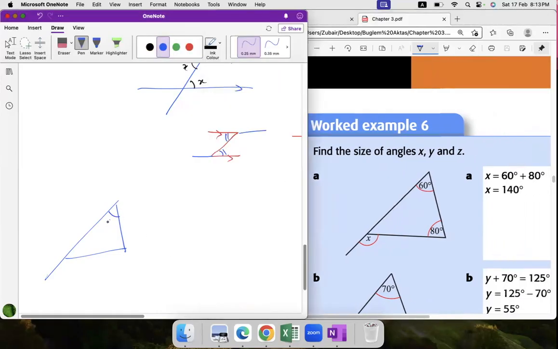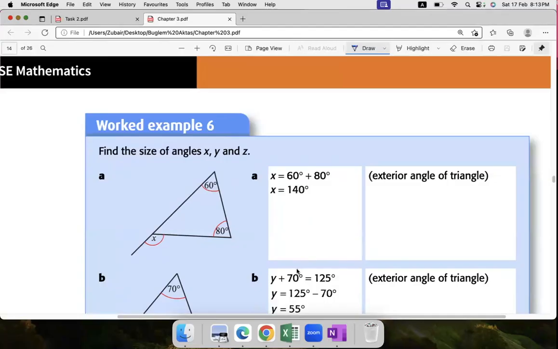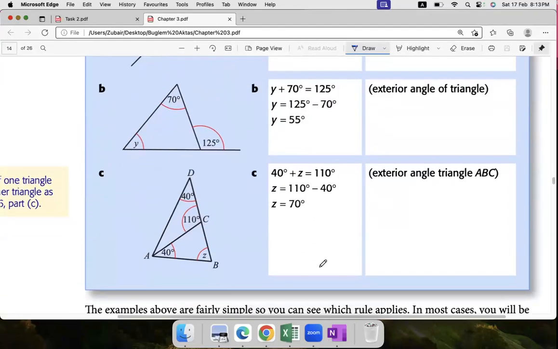So this was 60, this is 80. Some students who are a little weak in practice: 80 plus 60 is 140, and this would be 40, and again we subtracted to get 140. So basically, the sum of these two is always equal to the exterior angle. Sum of exterior opposite angles.